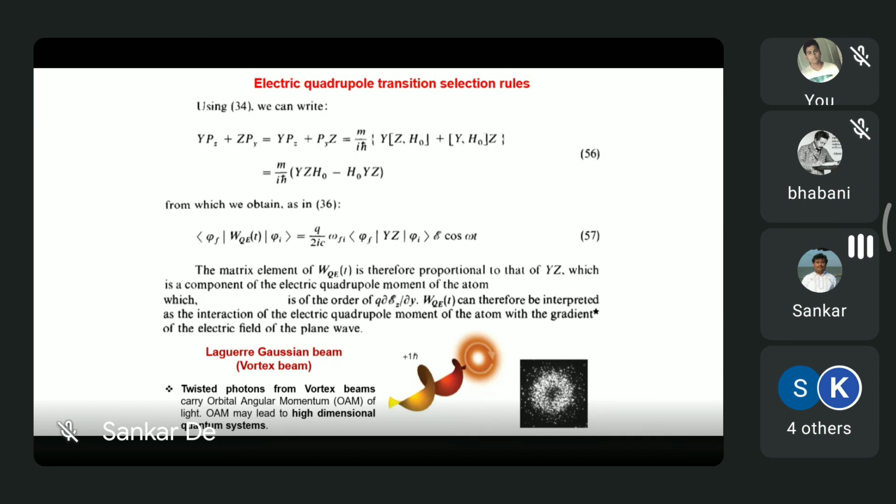So this is not just a number now, but this is a gradient. Now this electric quadrupole transition can therefore be interpreted as the interaction of the electric quadrupole moment of the atom with the gradient of the electric field of the plane wave.